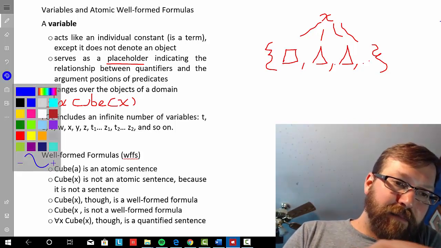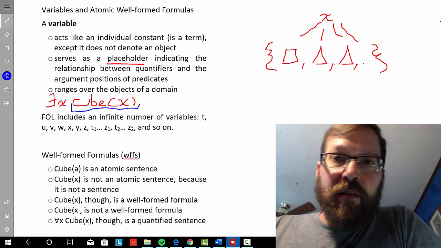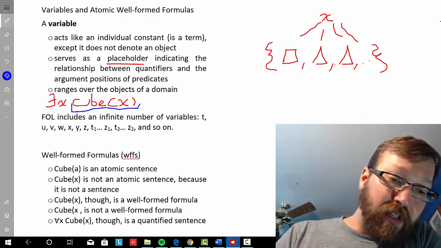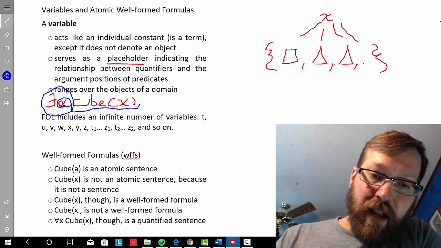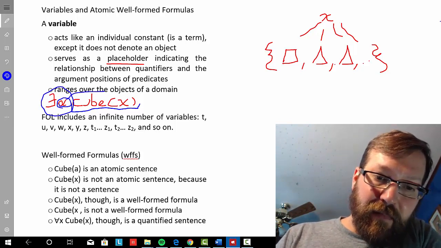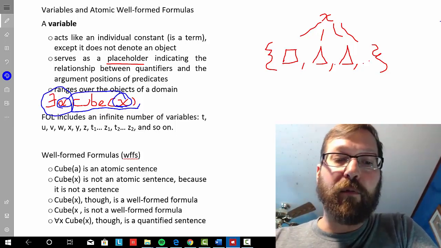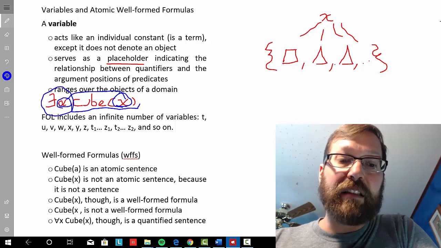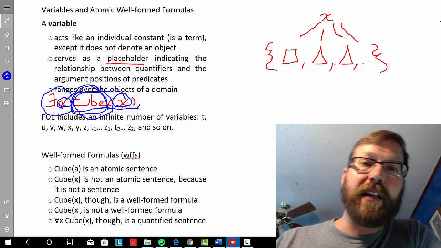So in this case, that well-formed formula is within the scope of this quantifier. And it's telling us that it's operating on that well-formed formula in a way such that it's saying that there exists at least an x that has this property, being a cube.